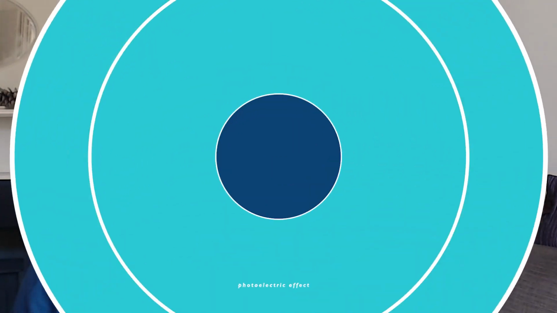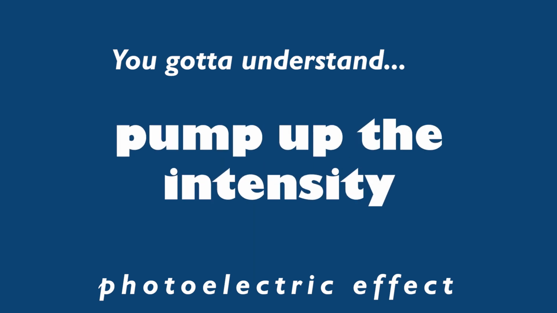Given that turning up the brightness of a light source increases the number of identical photons incident on the surface, it shouldn't surprise us that as we increase the intensity of a light source, we get more photoelectrons emitted. This is totally not what would happen if light were a wave, because as we've said many times now, waves deliver their energy continuously.